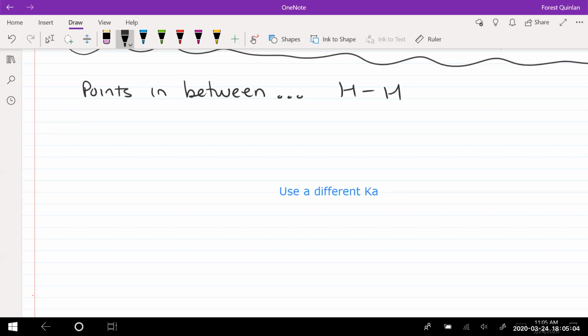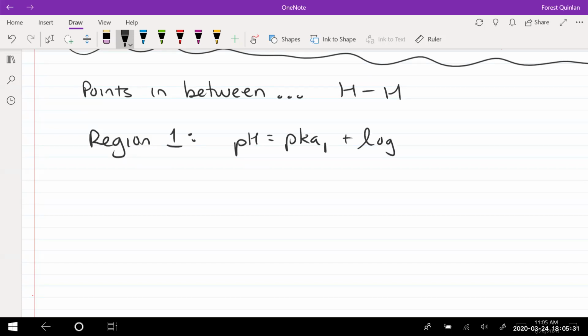Because they will actually be using the same equation, but they are governed by their own Kas, so you use a different Ka. So hopefully it should be intuitive here that for region 1, it is going to be pH equals pKa1 plus log of x over a minus x.